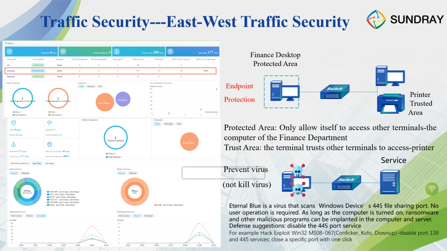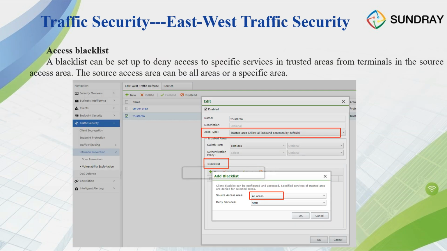We can use our smart switch just in the controller. We have a policy to disable port 139 and those 4 or 5 service ports, so we can close the specific service ports by one click. That is much more convenient than the traditional solutions.